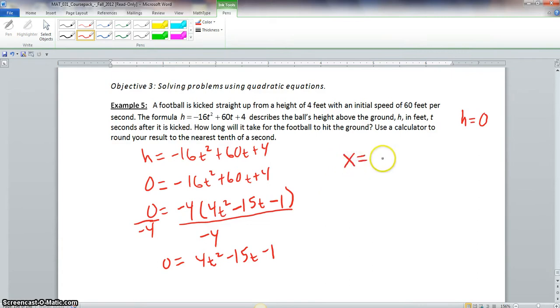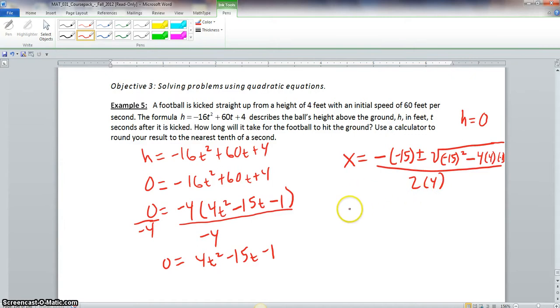We got x is equal to negative b, where b is negative 15, plus or minus the square root of negative 15 squared, minus 4 times a is 4 and c is negative 1, and that is all over 2 times a, which is 4.